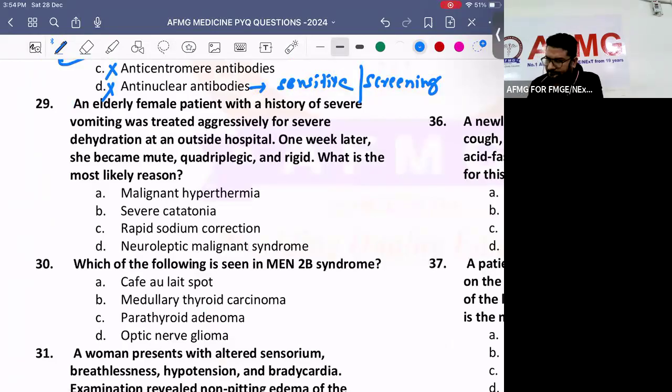What do you think? Severe vomiting was treated for dehydration outside the hospital. What do you think? क्या होगा आंसर?